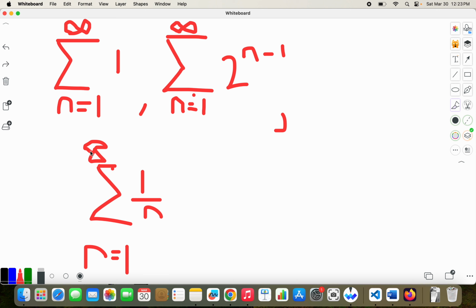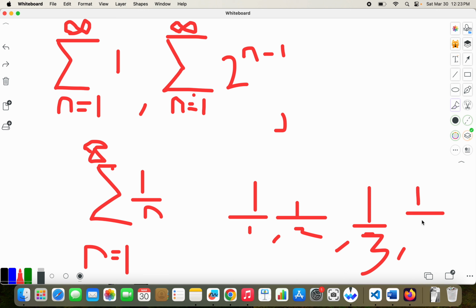Now 1 over n is going to be 1 over 1, 1 over 2, 1 over 3, 1 over 4. So this is going to be approaching 2.